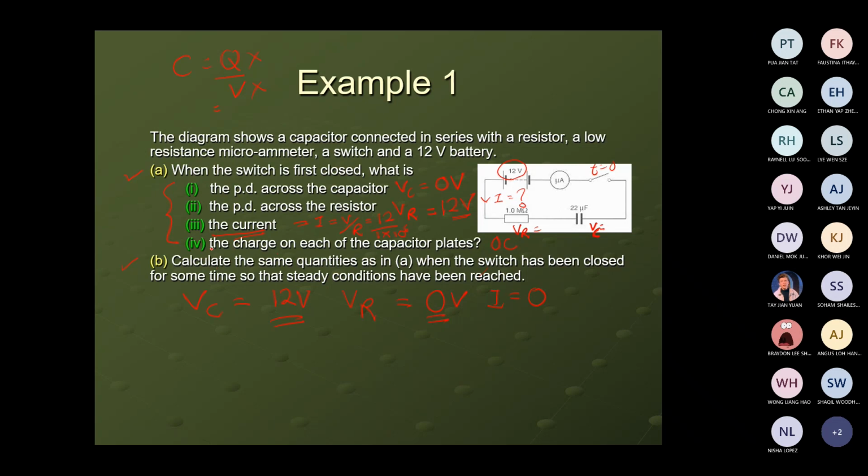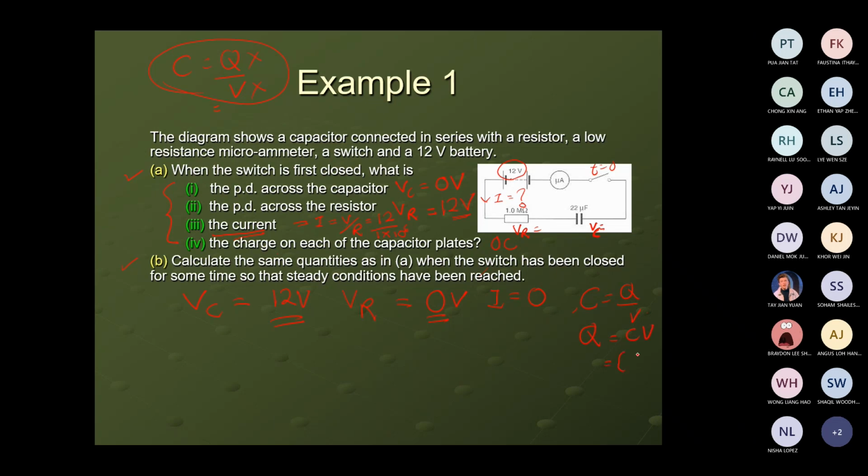Then fourth, what is the charge on each capacitor plate at this moment? When the capacitor is completely charged, what is the charge stored in each plate? You have to use the capacitance formula. Capacitance is Q over V. So to find the charge stored, Q equals CV.